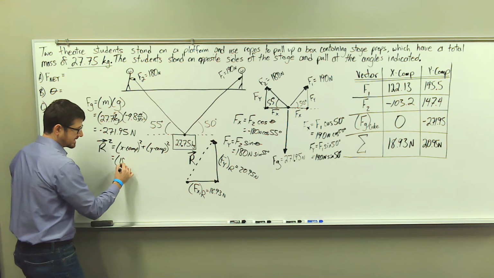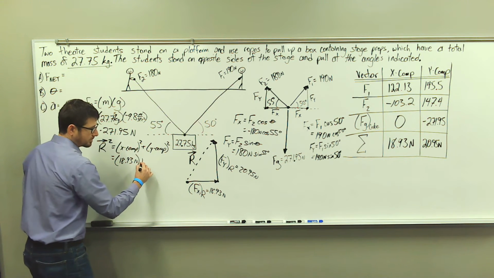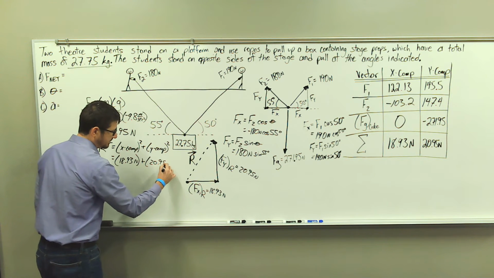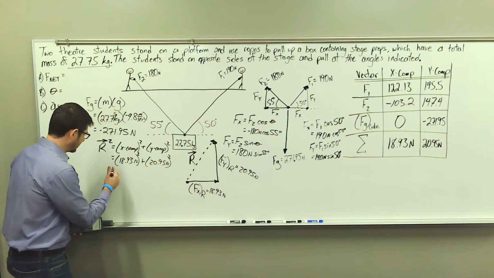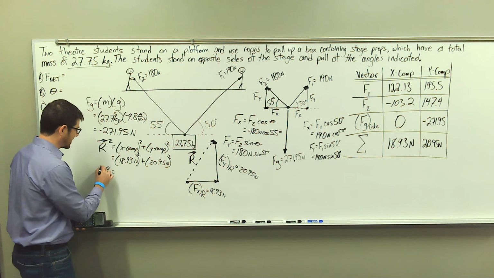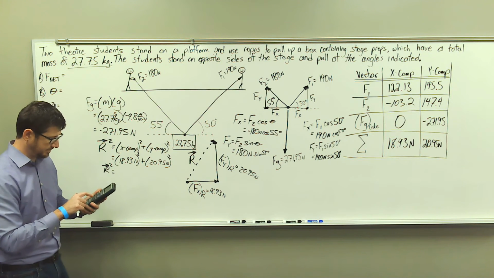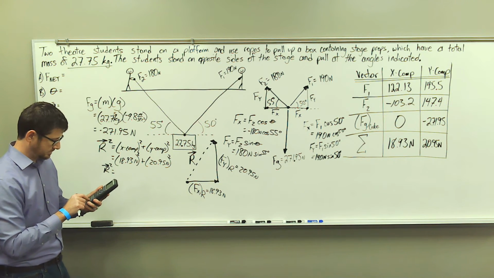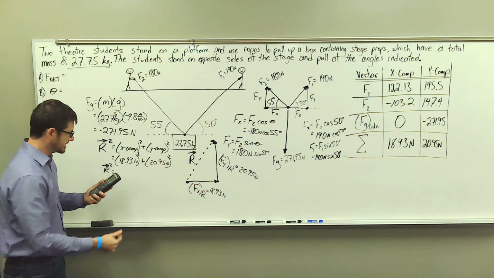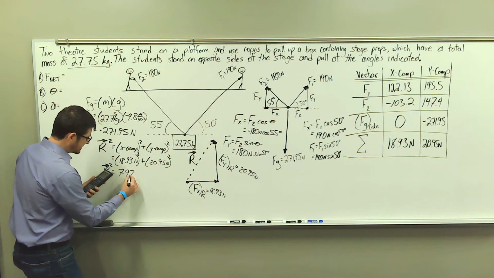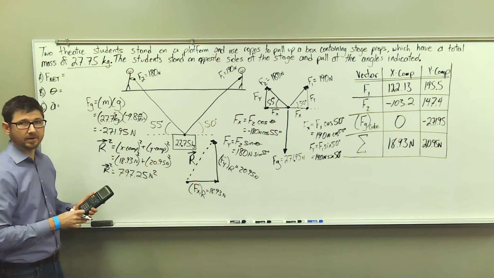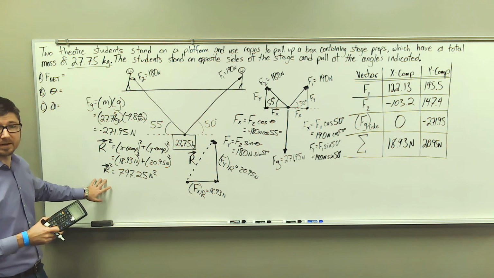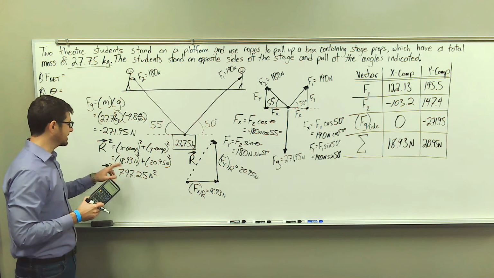My x component is 18.93 newtons plus y component 20.95 newtons, and we have to square those values. On the right hand side of the equal sign, I'm going to have 797.25 newtons squared.